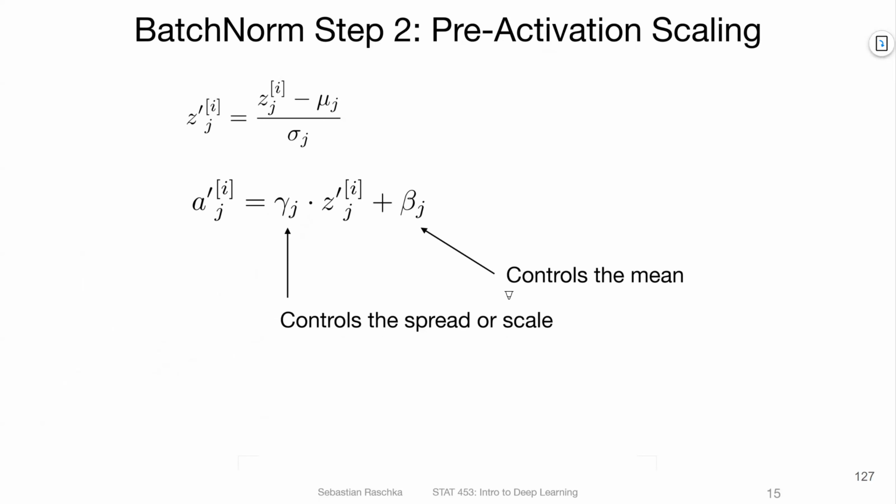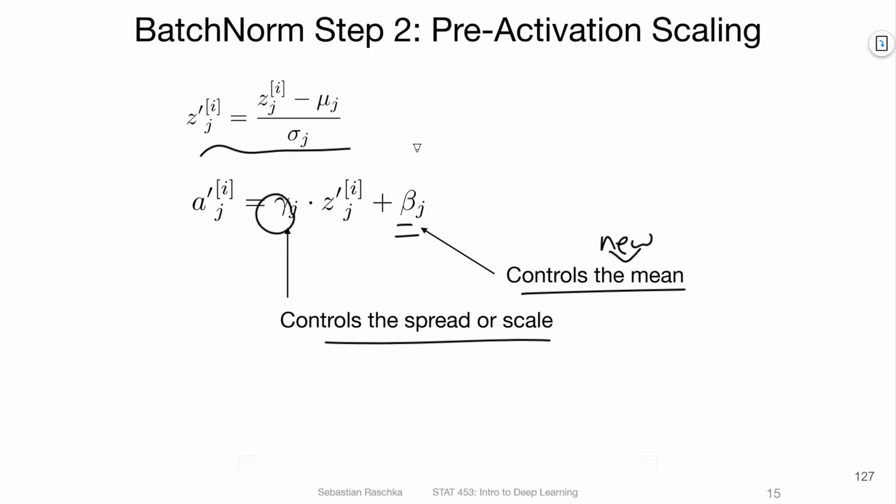Okay, that was the second step. This beta controls the new mean, and this gamma controls the spread or scale of the new data. So we first normalize the data and then add scale and mean like this.